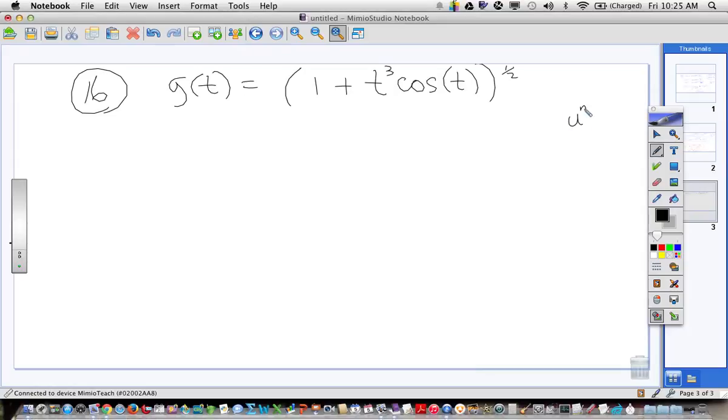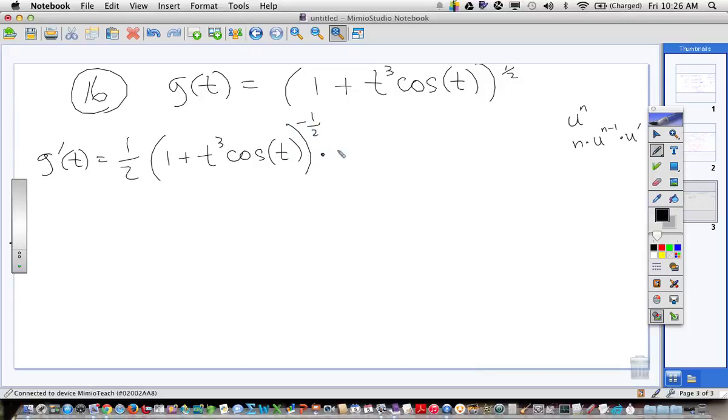It's some stuff raised to a power, so it's going to be n times u to the n minus 1 times u prime. So I'm going to bring the power down in front. So g prime would be 1/2, I'm going to leave the u, the inside stuff, alone, to the negative 1/2, and then I'm going to multiply by the derivative of the inside.